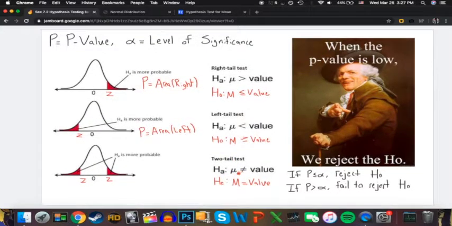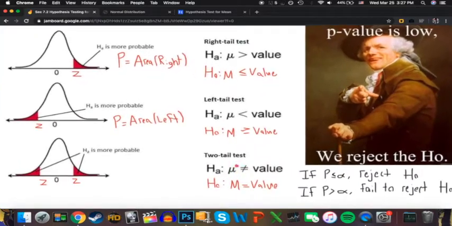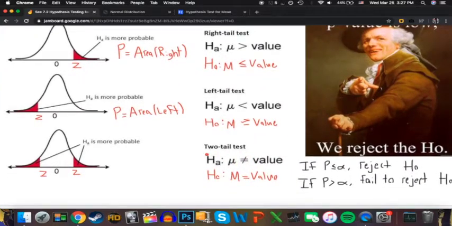If your population parameter is not equal to or equal to a value for the alternate or null hypotheses respectively, then your p-value is just going to be 2 times the area of one tail from your normal distribution curve. So if you decide to find the area, say, to the left or to the right, you can just choose one of those two values and then multiply it by 2, signifying the p-value for this particular scenario.